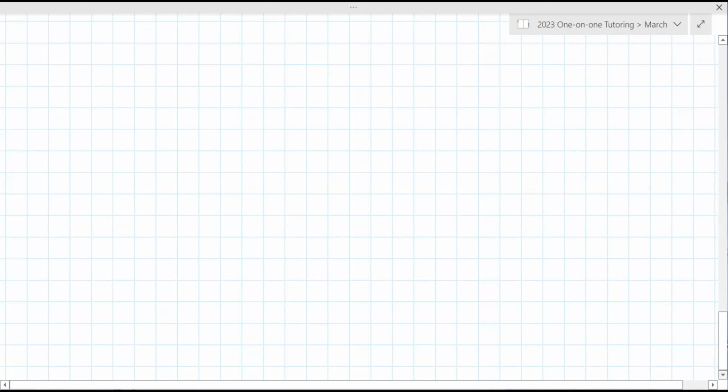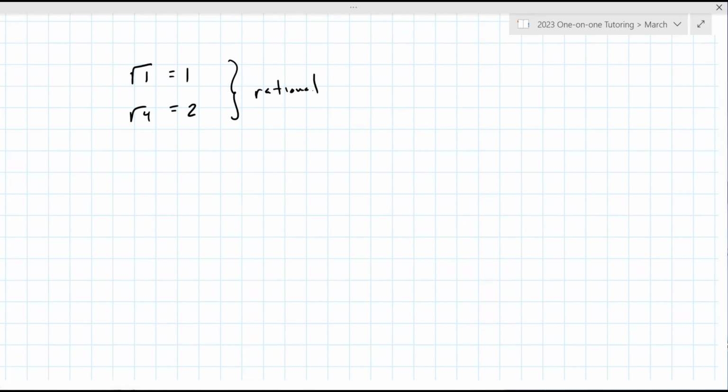So the square root of 1, which is 1, the square root of 4, which is 2, these are considered rational. Have you heard that word before, rational? Yeah. It means you can write it as a decimal that terminates. So that's one way to look at it, but the square root of 3, square root of 5 is actually irrational.